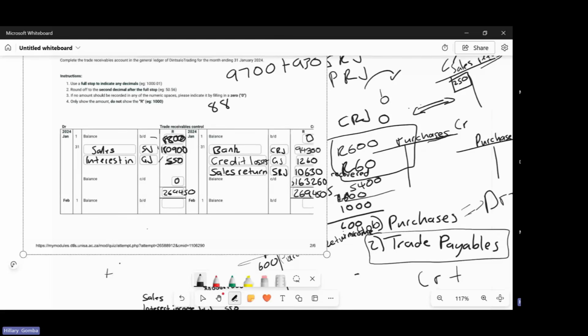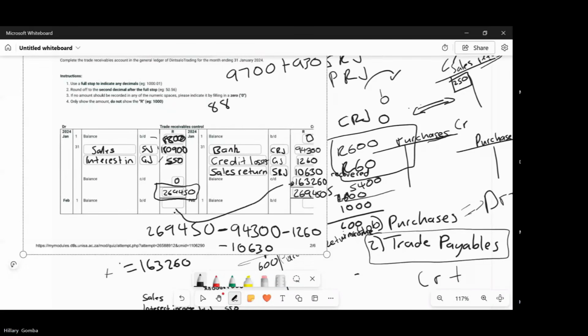And then now we are saying this 269,450 minus everything that's on the left side of the transaction, which is 94,300, the other one is 1,260, and the last amount is 10,630. So by subtracting all these, we get that 163,260. That's the one we recorded on balance c/d, which will come to be your balance brought down. Okay, you now understand?